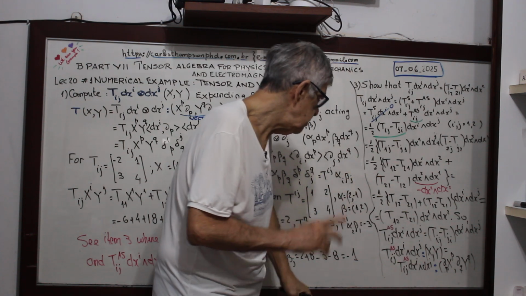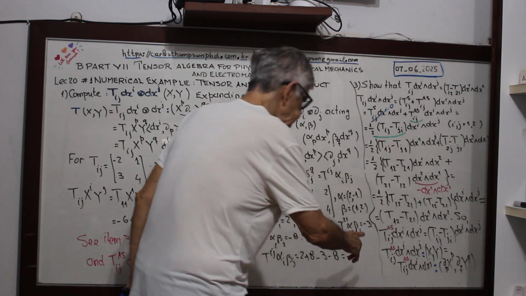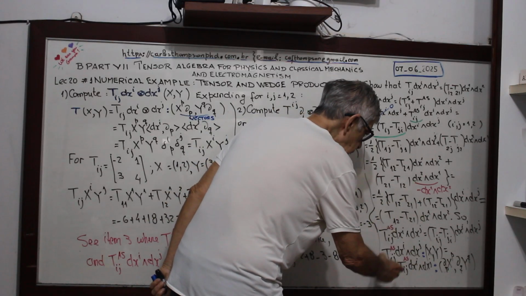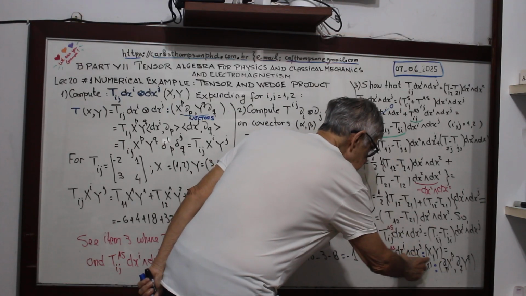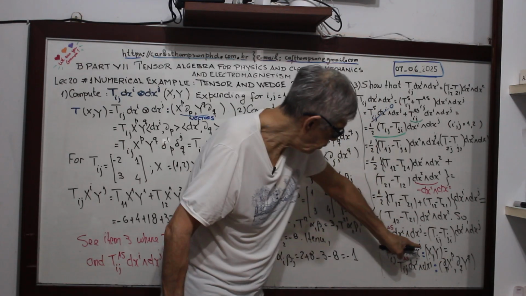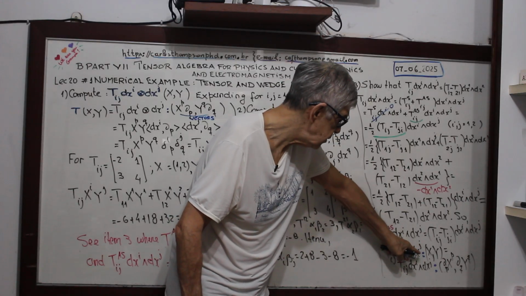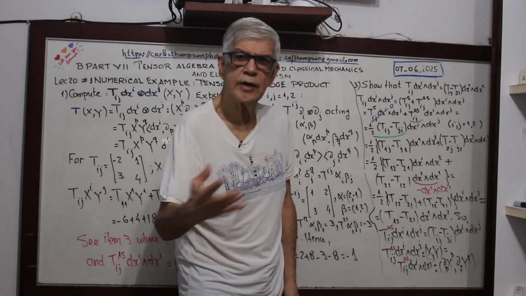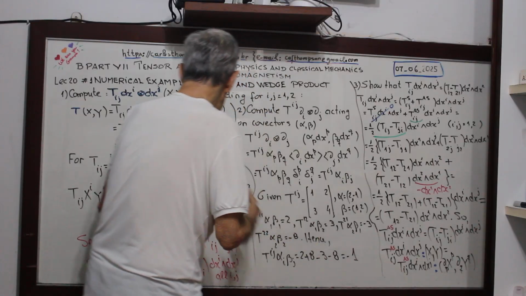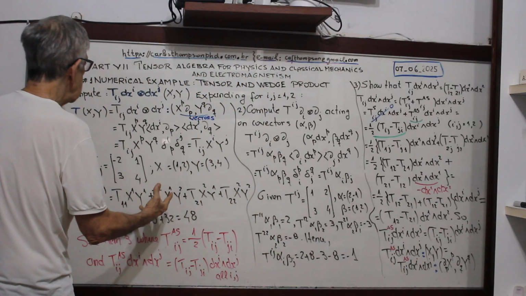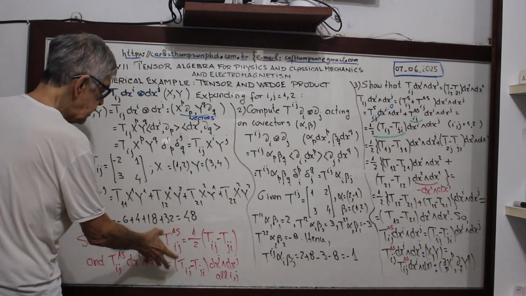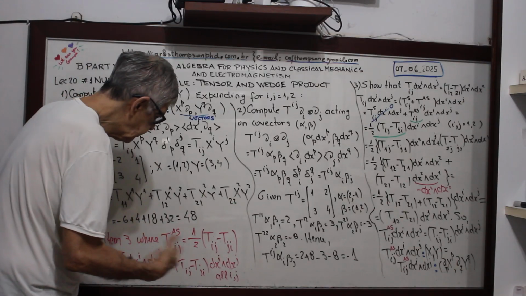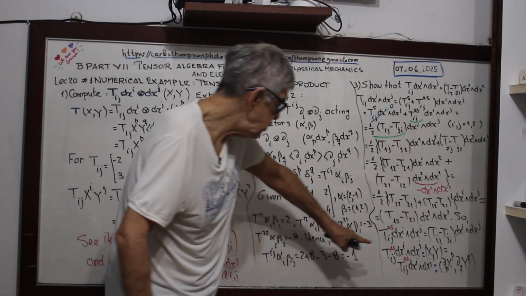Now remember, I could apply this map here, the blue one, a map acting on x and y. Here the Kronecker delta will appear, as we did in the previous case.